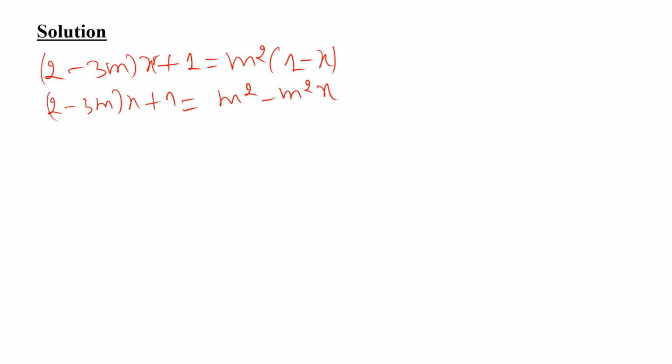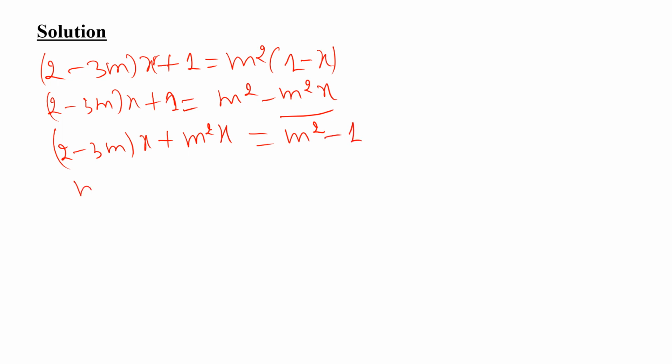Then we take the x terms to the first side: you get (2 minus 3m)x plus m squared x equals m squared. Take the 1 to the second side, you get negative 1.